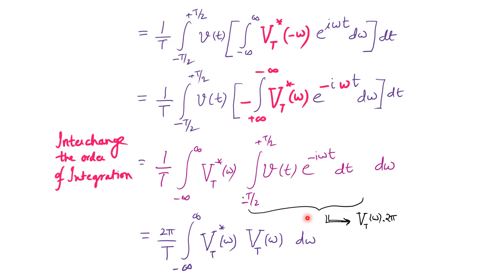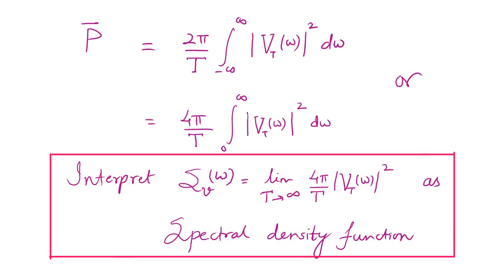So now that we have got this, this is essentially what is my power, right? Time integrated power. That's what this is. So let's see what that means. I'm rewriting it as the mod of V_T omega square integrated over now frequency.